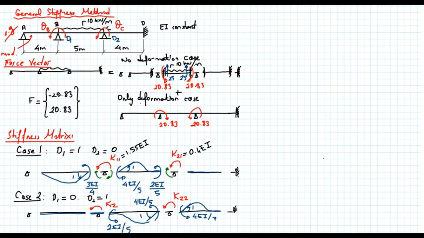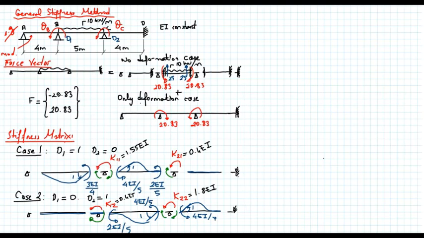Transfer it to the node, write down the moment equilibrium equation at the node, and determine what K12 and K22 are. So K22 is equal to 1.8 EI and K12 is equal to 0.4 EI.